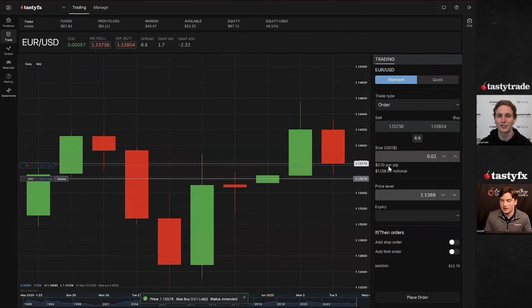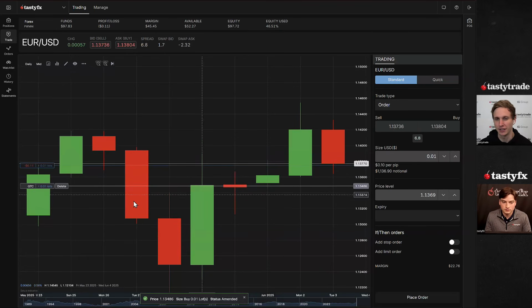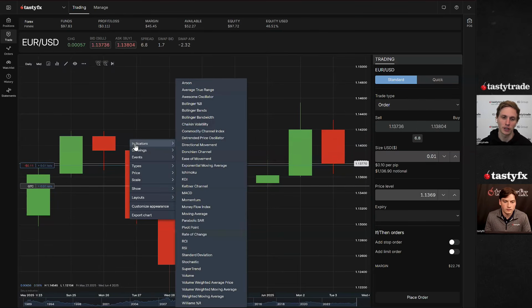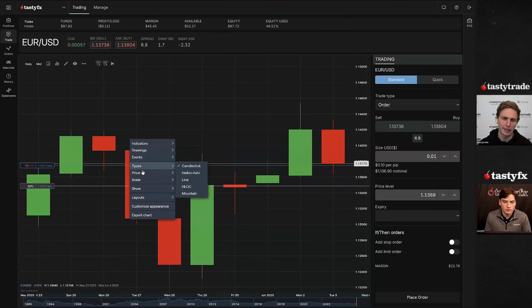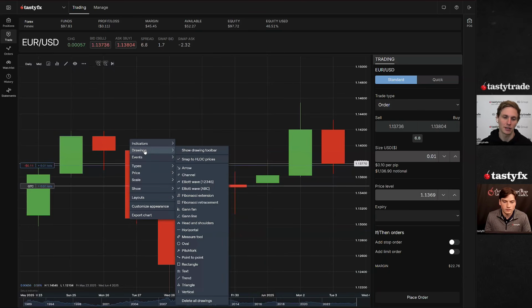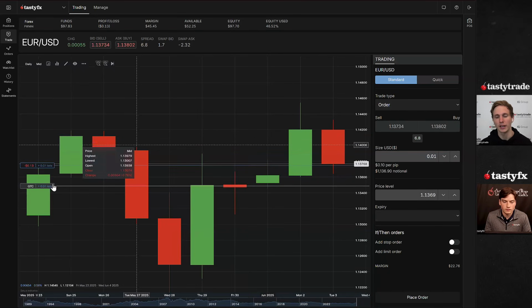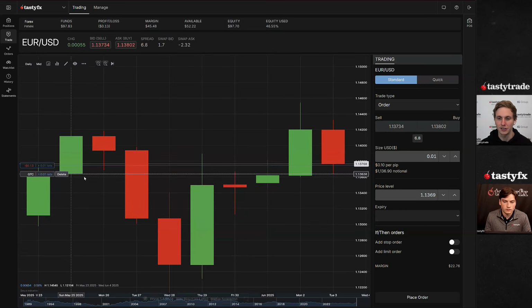In terms of the Tasty Trade equity side of grid mode trading or trading on the charts, it's similar. But you can't just right click on a price on the chart to start it. You would probably need to place it a few pips below, and then drag it to your price. But I'm sure the tastyfx team will take this feedback and look towards maybe adding it in the future. So good question.